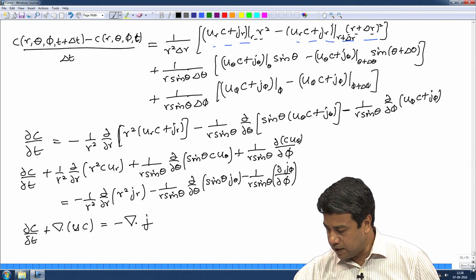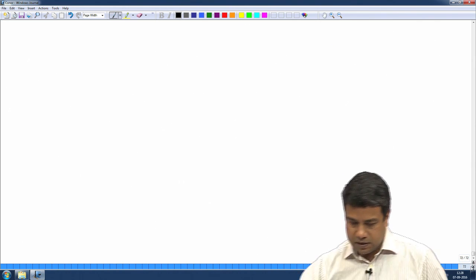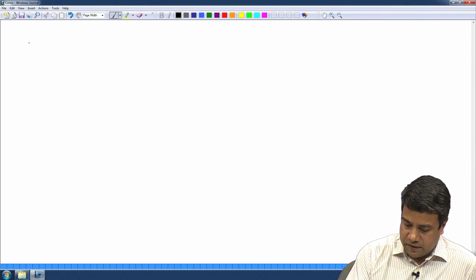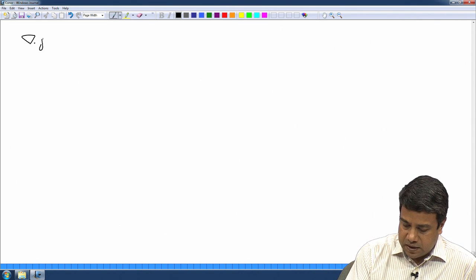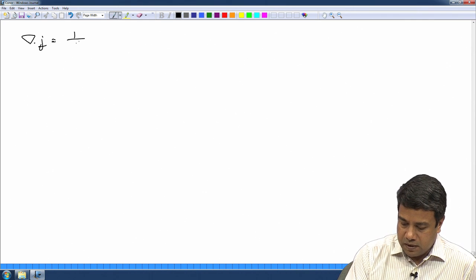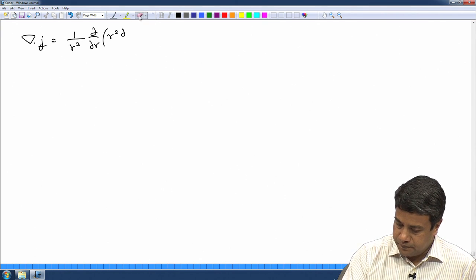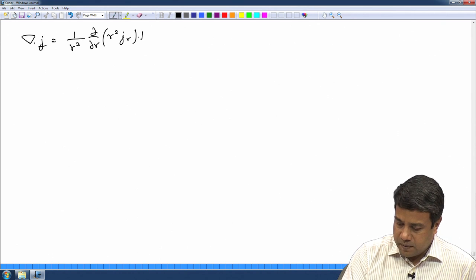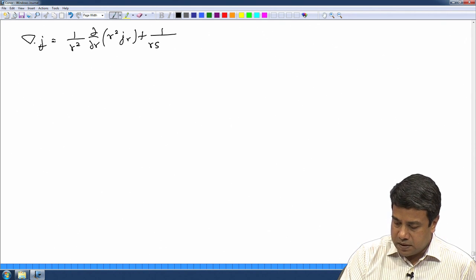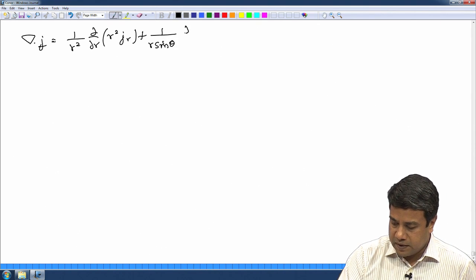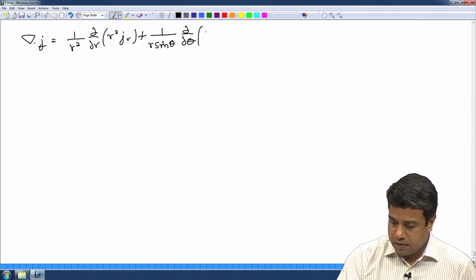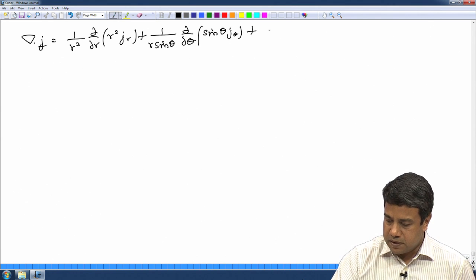If I were to define the divergence operator, del dot j, in this case it is equal to 1 by r square d by dr of r square j r plus 1 by r sin theta plus 1 by.